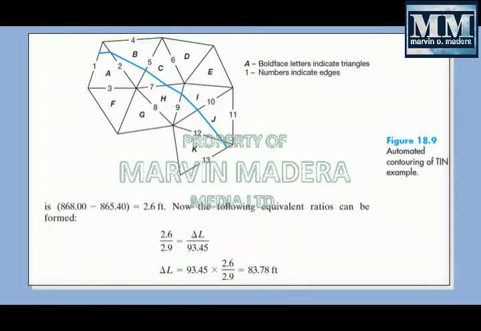It gives you the change in length, which is equal to 83.78.